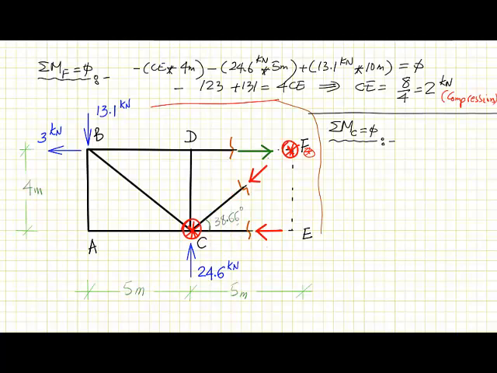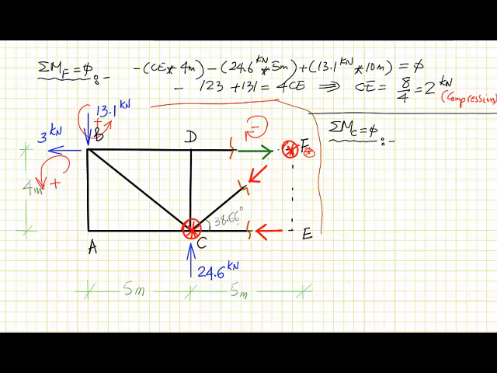This force will rotate clockwise, which is negative, and this one is passing through the point, so it will not be considered. And then this one will be rotating counterclockwise, which is positive, and this will be counterclockwise also, so this will be also positive. So now that we know the direction of the forces, we'll start the equation.